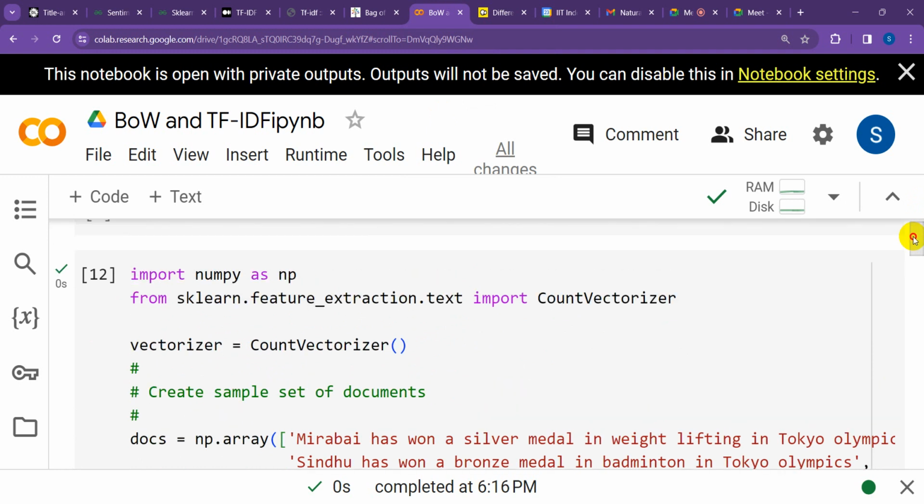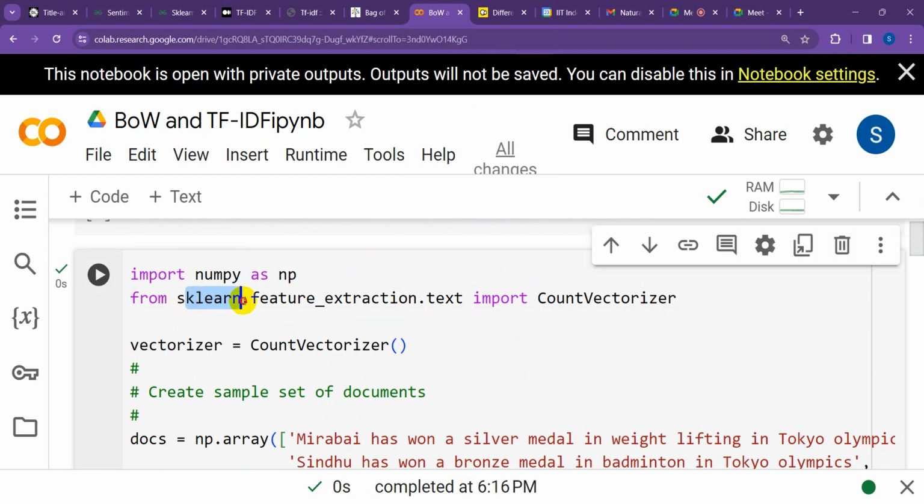So I'll try to explain it again once. There is this one library, scikit-learn, that goes by the name sklearn in Python. These are the features by which we can represent our different documents.